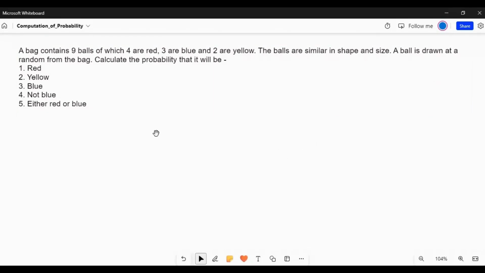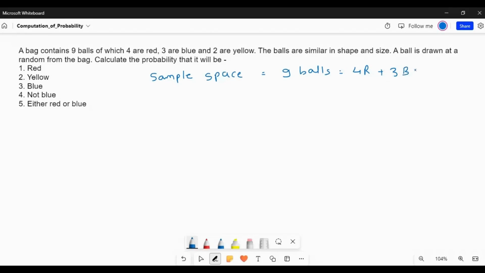Here we will write down the sample space first. The sample space contains 9 balls, 4 are red, 3 are blue, and 2 are yellow, right? So here n of S is 9. Next, I need to define my event.